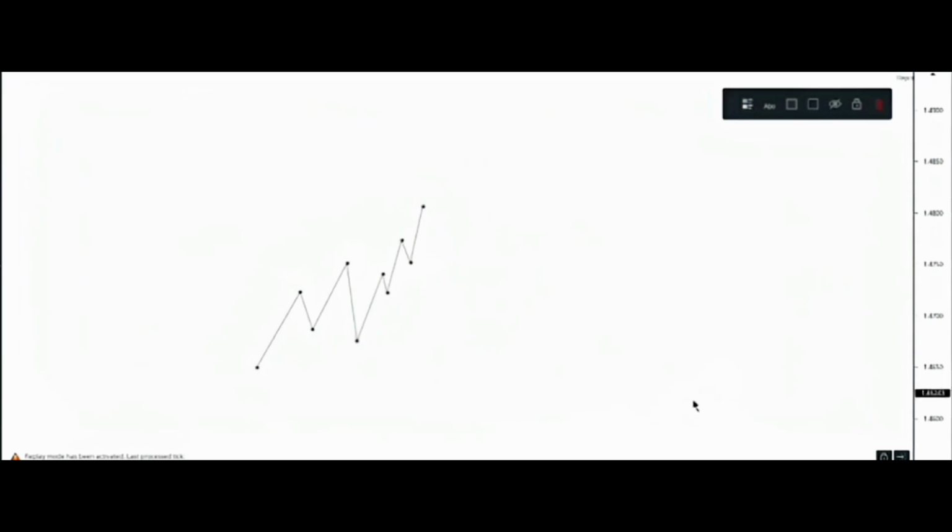Now, take a look at this. If price is going higher, you know that it will create inducement and move higher. Now, let us assume that price has gone up like this and has tapped into a higher time frame zone.